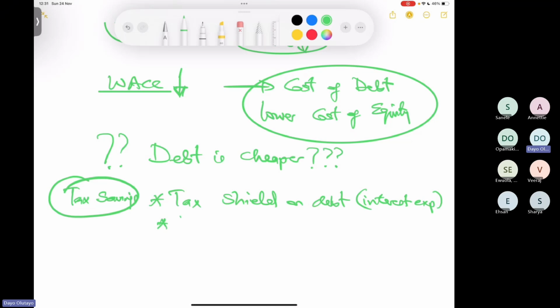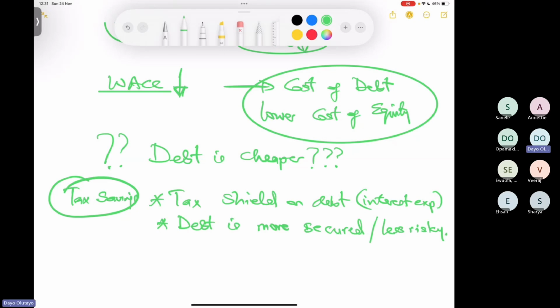Then, likewise, debt is more secured than equity, which means if it is more secured, it means it's less risky. And why is that so?